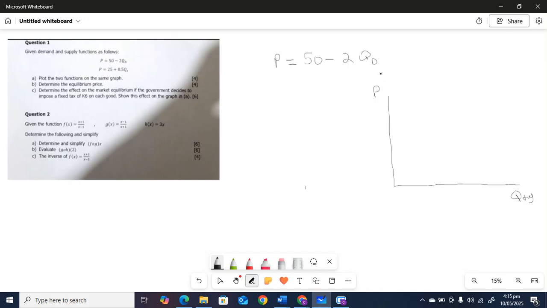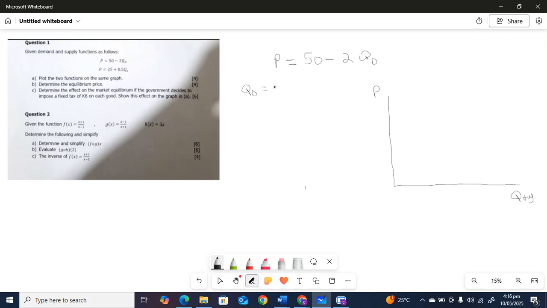Okay. So an easy way you can get this demand curve is you can just get the intercepts, basically where the demand curve cuts the y-axis and the x-axis. So for example, you can start with the y-intercept.